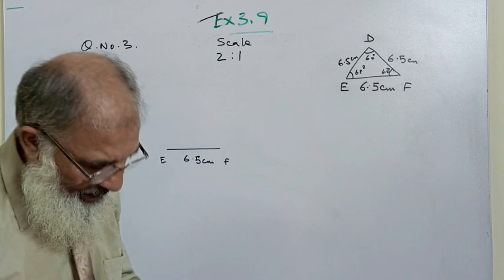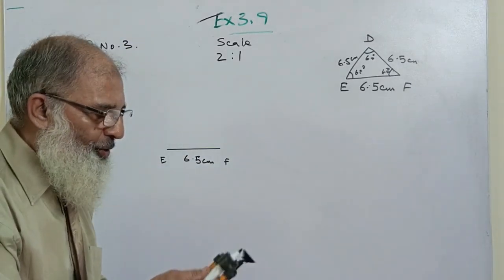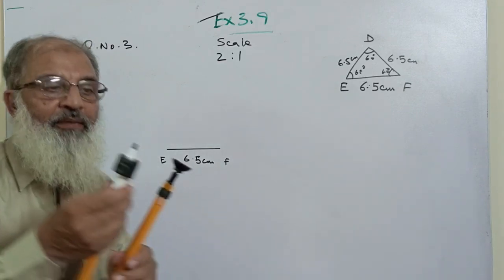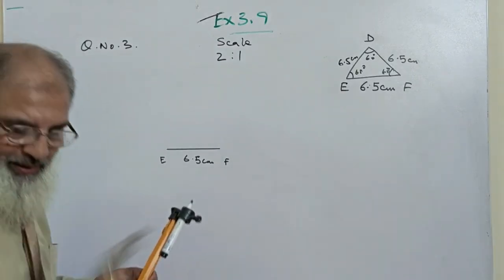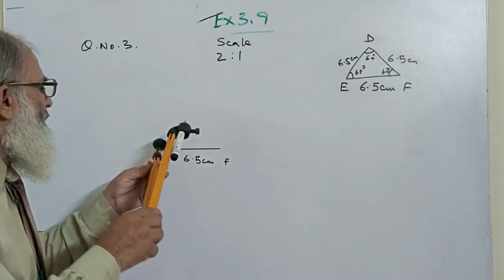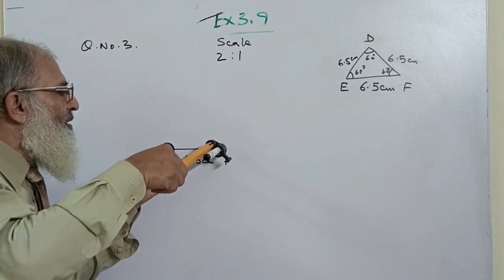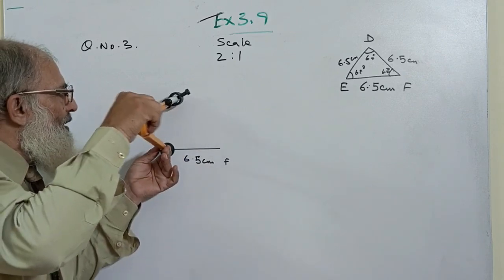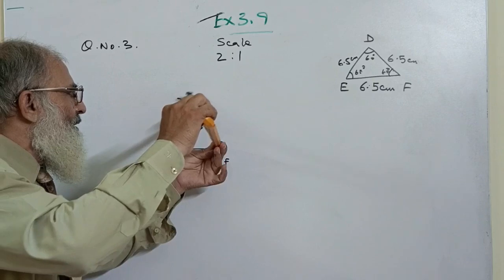Now what will we do here? It is very easy now for me, and of course for you also. You will just fix this marker or pencil over here like this, and from point E, I'll measure this. This is already 6.5, I don't need to measure it once again.